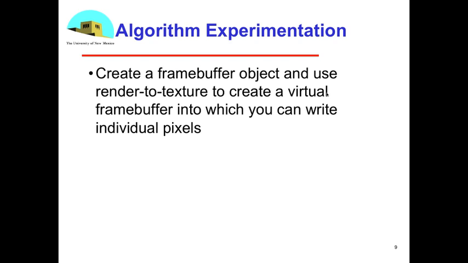Then you can address individual pixels and start writing your own fill algorithms, your own line rasterization algorithms, and various other things. It's a fun exercise to do. You are basically creating one function that writes an individual pixel, and then your algorithm goes through its calculations and decides which pixels it wants to write, and you can see the result in a frame buffer of any size. So if you want to experiment with anti-aliasing algorithms, you could do that.